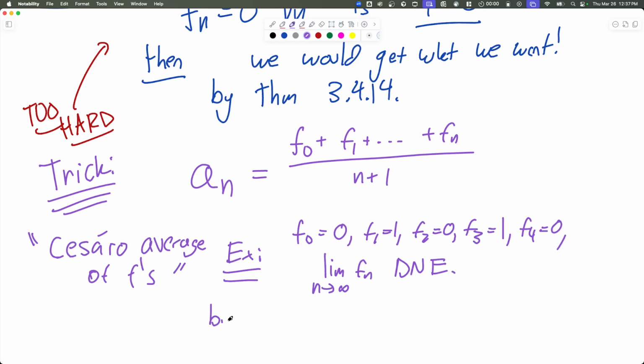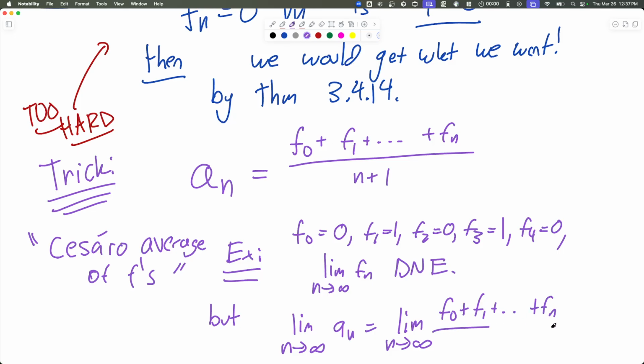But what about the limit as n goes to infinity of the an's, where an is the average of the first n f's, f0 plus f1 plus dot dot dot plus fn divided by n plus 1? What would that limit be in this case? Remember, the limit of the f's does not exist, so you can't just say the limit here is the limit of the f's.